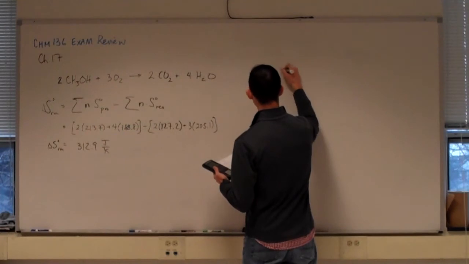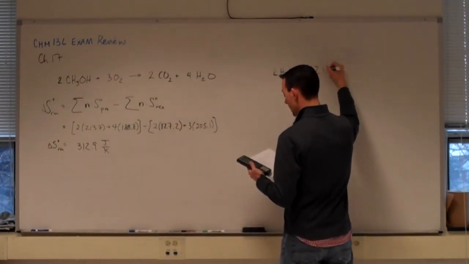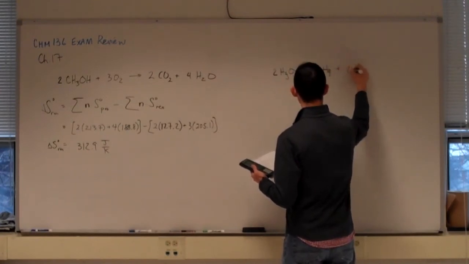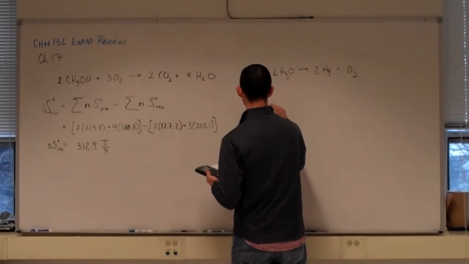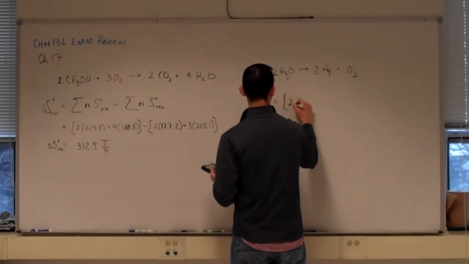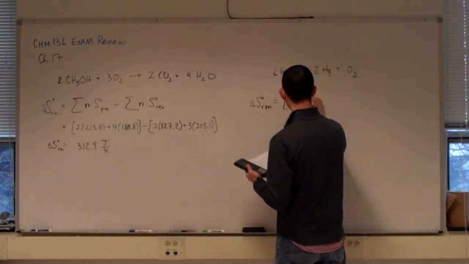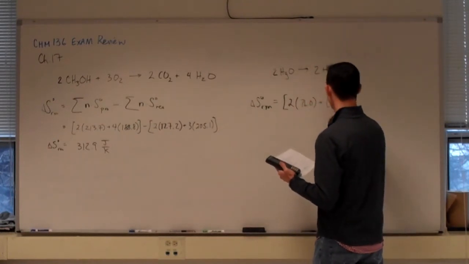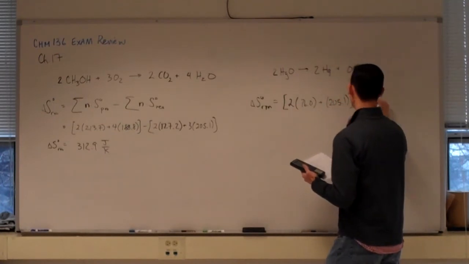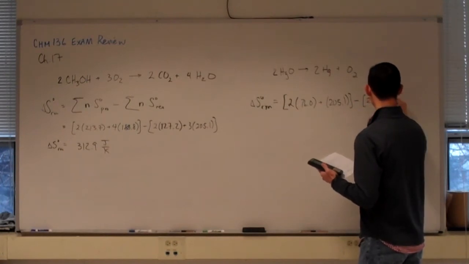Our next question is 2 mercuric oxide, 2HgO, to give us 2Hg and an O2. So the standard entropy change would be 2 times the value that we're given for mercury, which is 76.0 joules per mole Kelvin, plus oxygen, again 205.1, minus 2 times the mercuric oxide value of 70.3.